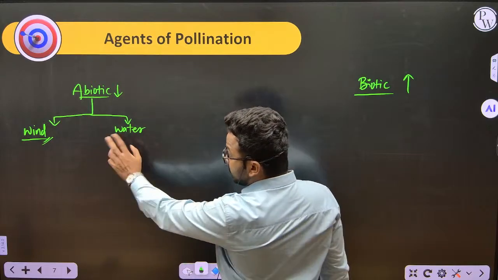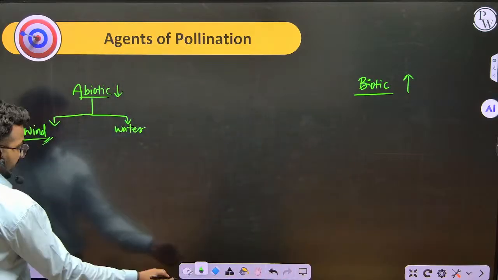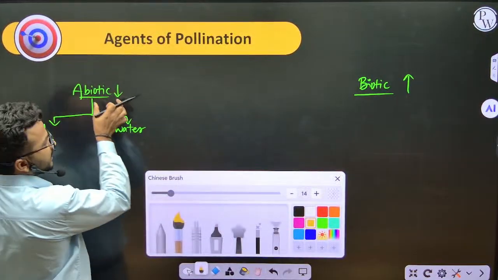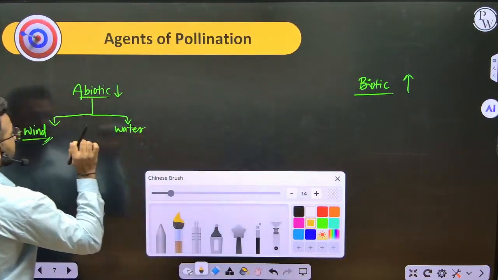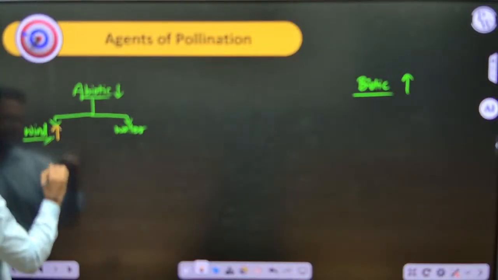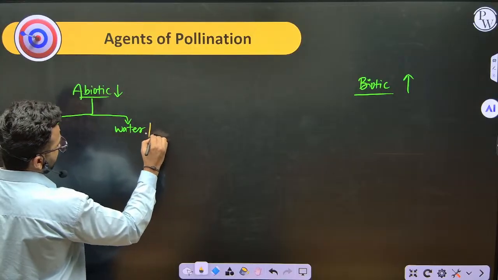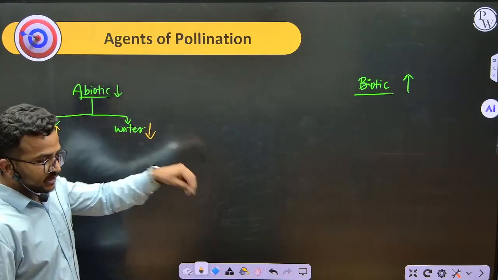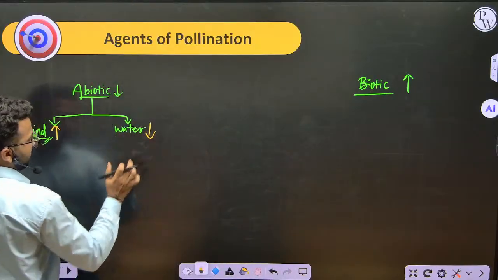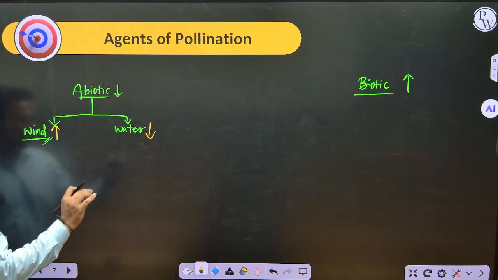Within the abiotic agents there are two, wind and water, where wind pollinated plants are high, and water pollinated plants are reduced, meaning fewer plants undergo pollination with the help of water.